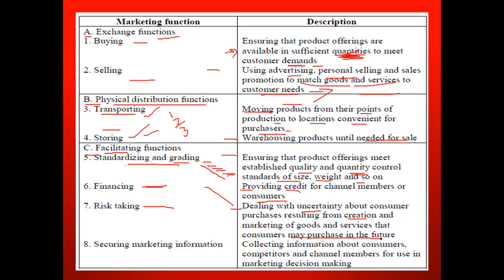This is risk management, and in the MBA also, apart from regular marketing, finance, HR, risk management is a separate department or separate concept. So what is the risk management here? The other marketing function is the risk-taking concept.